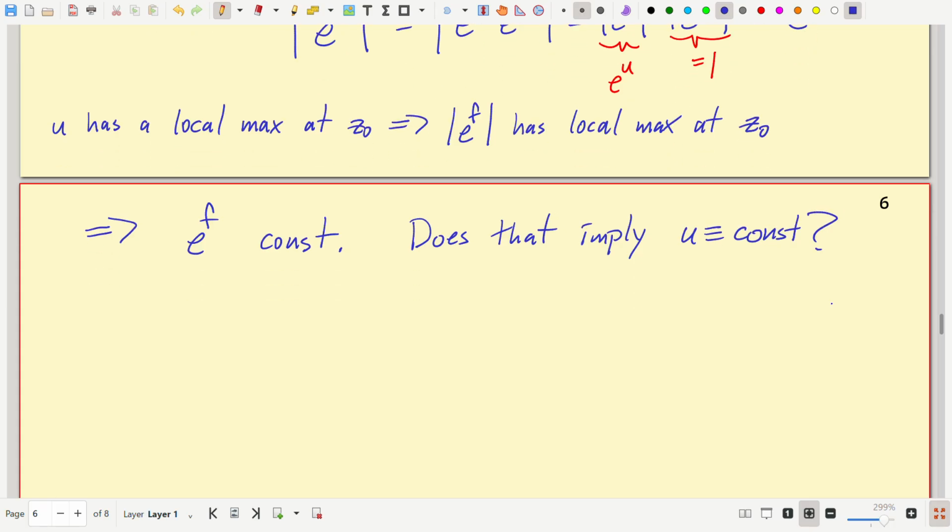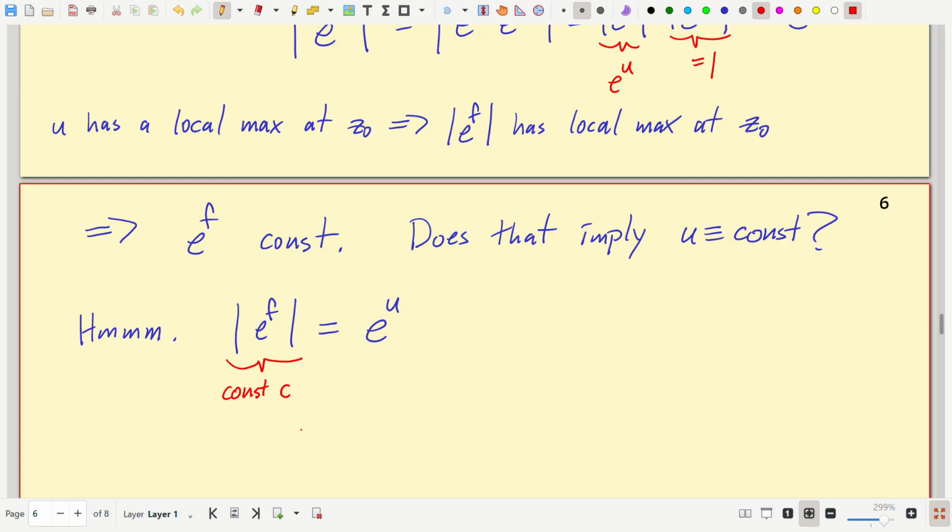The answer is yes, of course, because, let me think. Looking at what I wrote above, the modulus of e to the f is e to the u. And that would be a constant. So e to the f is constant, so the modulus of e to the f would be constant, let's say c.